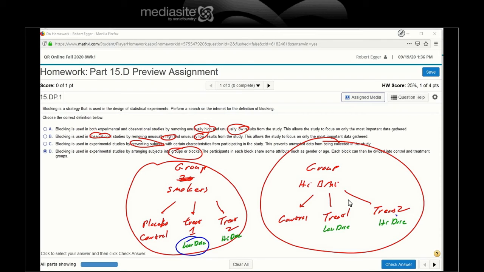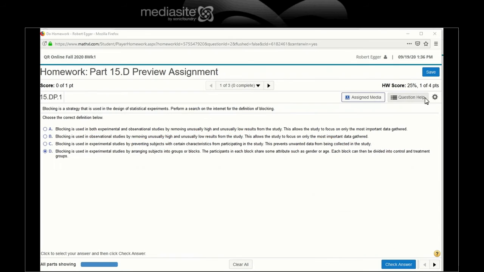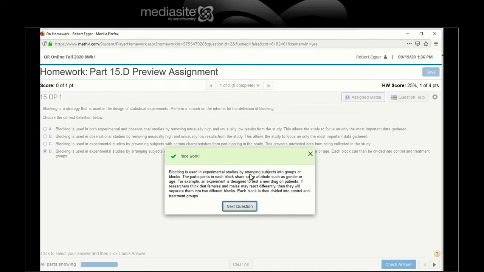Whereas with a high BMI, because of your extra body mass, the high dose is the better option, or gives better results. That's one reason why you break them up into blocks. There you go. Never check the answer.